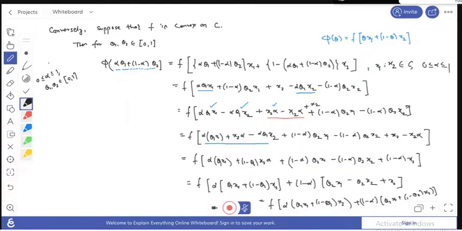Now this phi equals this thing, and f is a convex function.